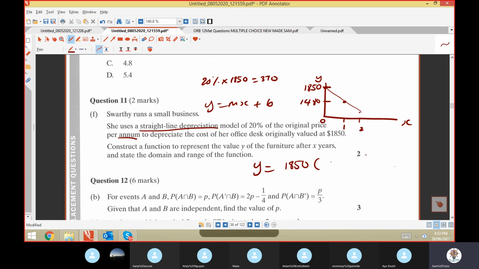That's better. All right. So, look, I know what my function is. I'm just trying to do it this way, but I can't seem to get it out. 1850 times 1 minus 20%, which is 80%, of n, right? 1850 times n is 1, 80%, which is 1480. 1480 times 20%.